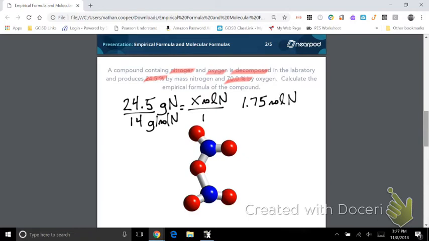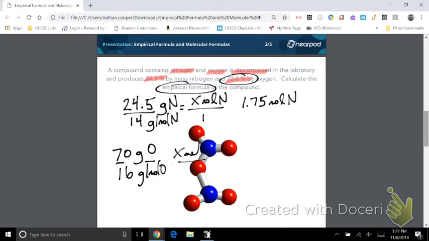Now I need to do the same for the oxygen. Again, if you see percents and it's asking you for the empirical formula, it is the simplest whole number ratio. You want a simple formula when you're done. So we simply say 70% is now 70 grams of oxygen. 1 mole of oxygen has a molar mass of 16 grams per mole, and we want to know how many moles are in that amount in grams.